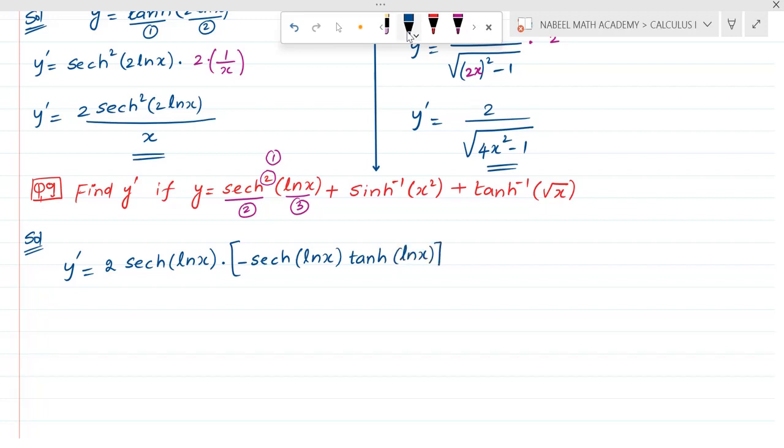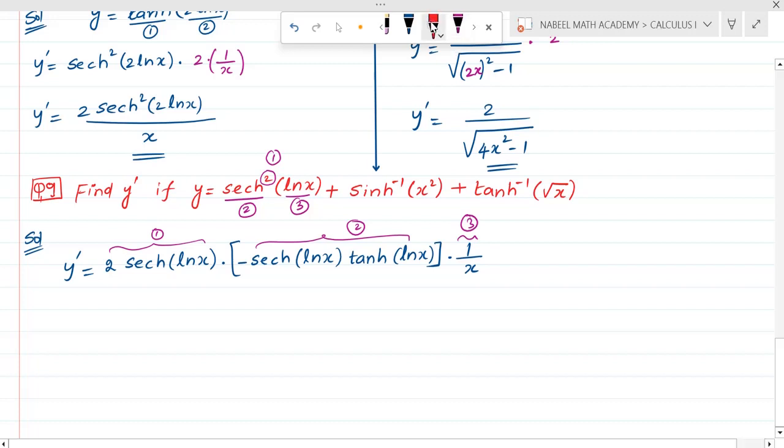So this is the definition for number 2, that is the sech, and this is for the power. Now what is the last part? The derivative of ln is 1 over x. So this is number 3. So the first part is completed.